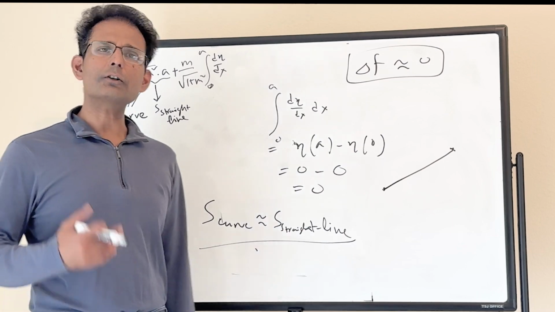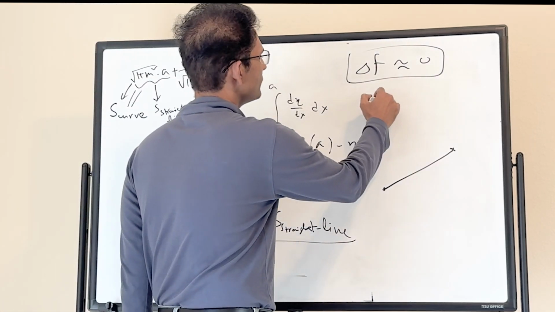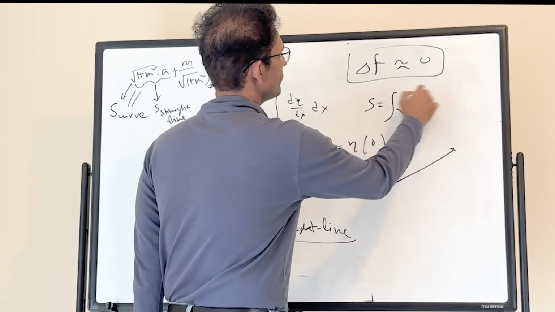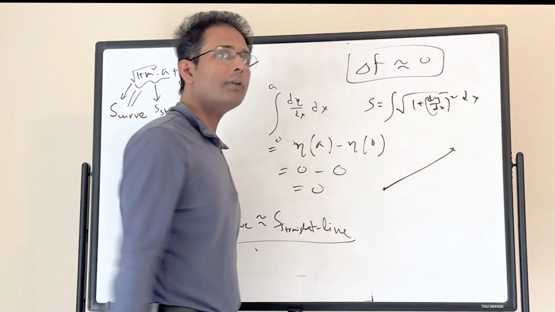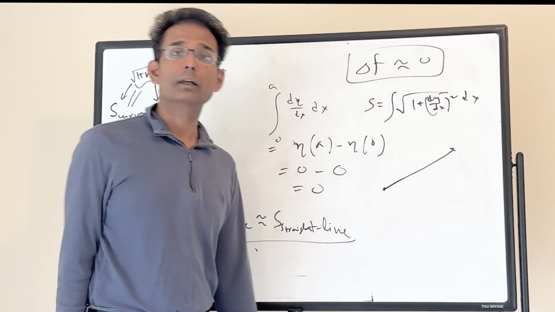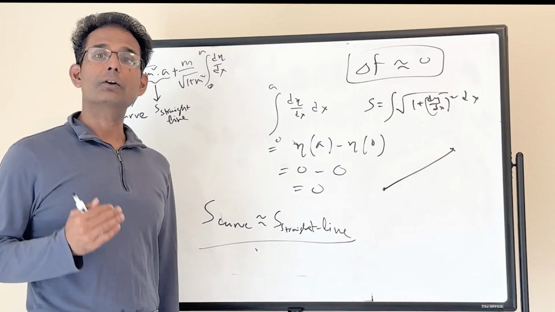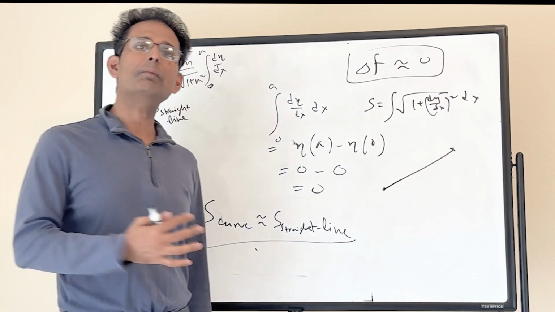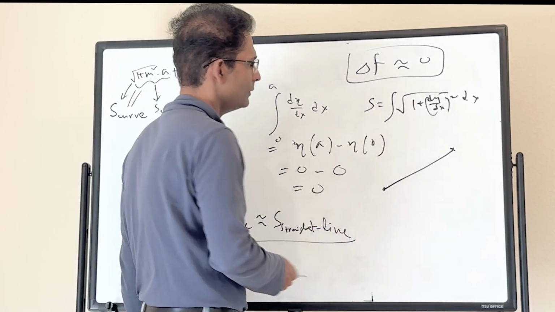And it's not just true for the length functional. Length has this form, the integral of square root of 1 plus (dy/dx) squared, dx. Now you can have any functional, not just of this type. Whatever the functional, you know that you have found a function which minimizes the functional when this criterion is met.